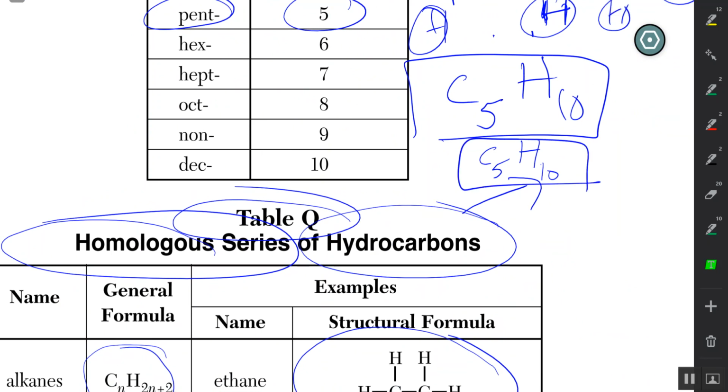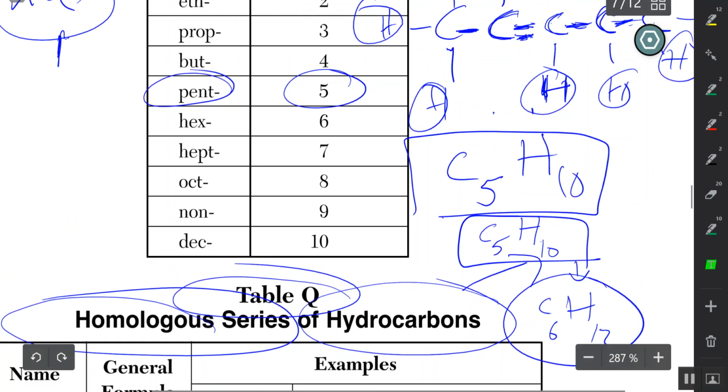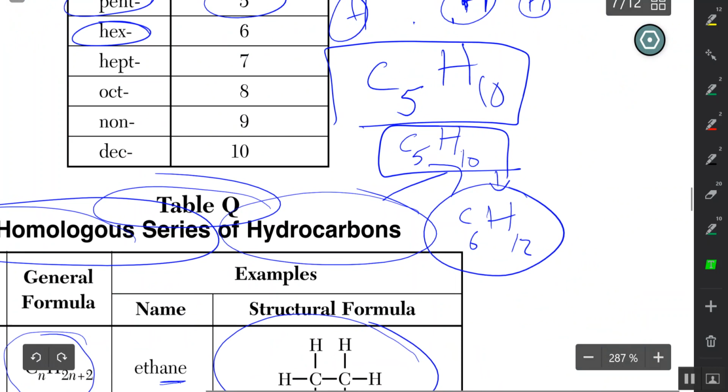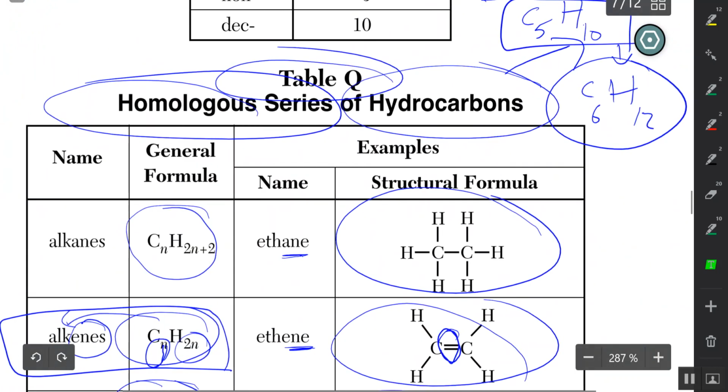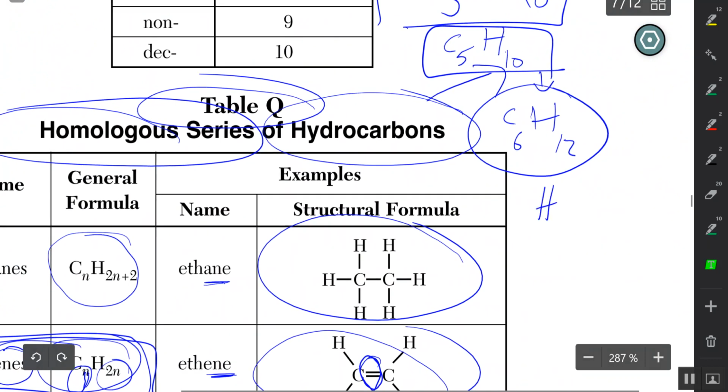Now, if I was to actually predict what the next alkene in this homologous series is going to be, it is going to be C6, because after 5 carbons, I'm going to have 6 carbons. H, double the carbons, I'm going to have 12. And this would be called 6 carbons. The prefix is hex. And since it follows the alkene formula, this will be hexene.